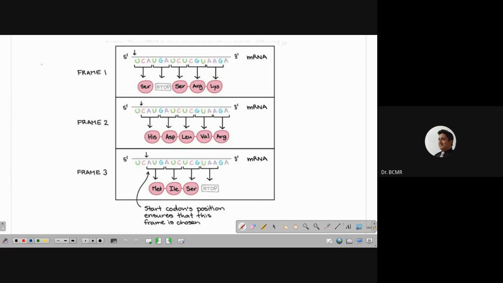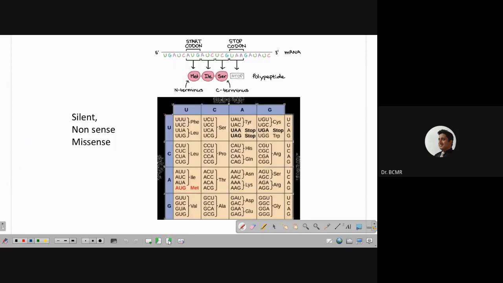What a reading frame is, I will show you here. The genetic code which you have learned as part of your biology for engineers is based on codons, the way the ribosome reads it. One codon is made up of 3 bases.